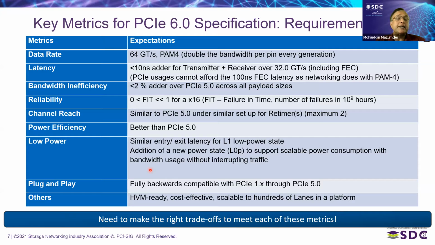And the expectation is, as PCIe 6.0 doubles the bandwidth, it needs to leverage a lot of the industry ecosystem and installed base and be able to bring this doubling of the bandwidth. So that's the number one requirement, is data rate needs to double to go to 64 gigatransfer per second. We move to PAM4 modulation.